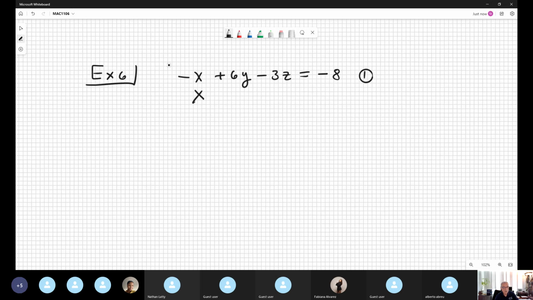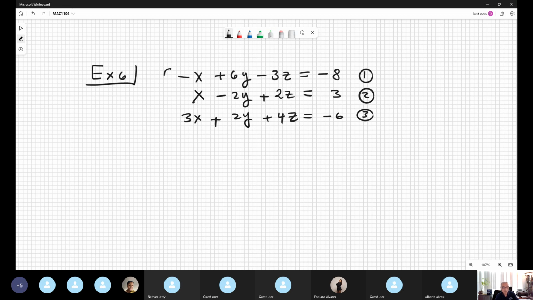Positive x minus 2y plus 2z equal 3. Equation 2. And 3x plus 2y plus 4z equal minus 6. Equation 3. This is my new system. I need to solve it.